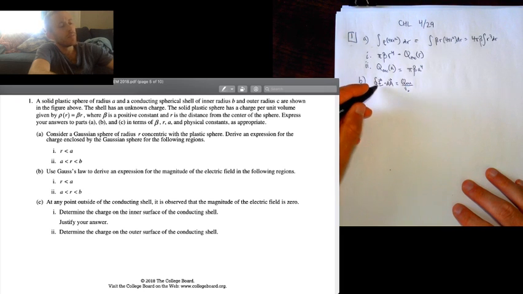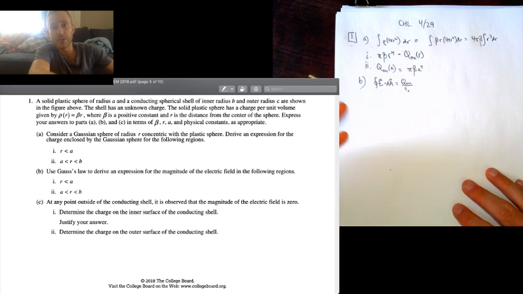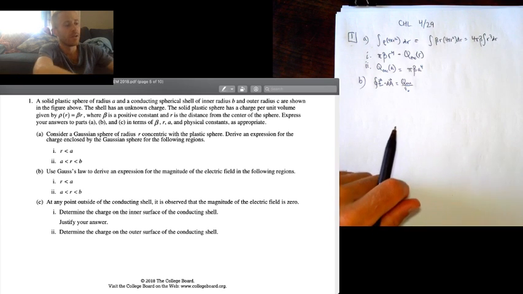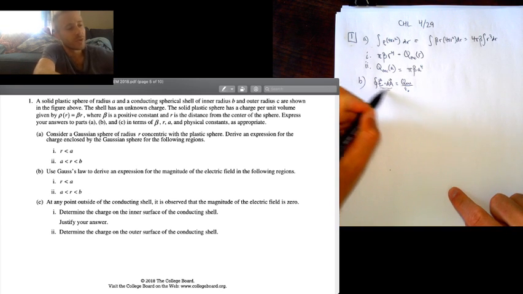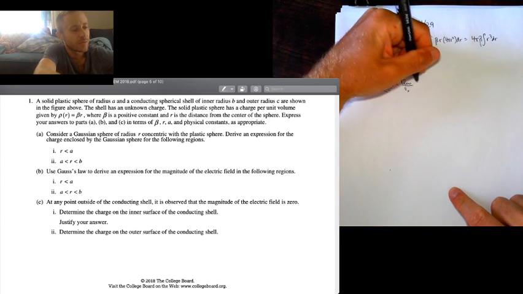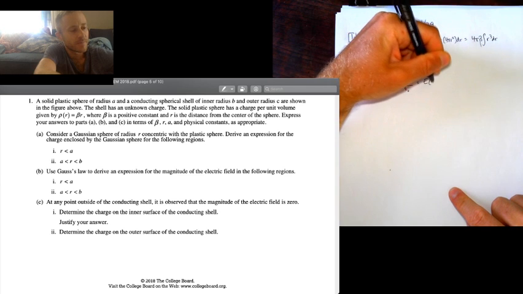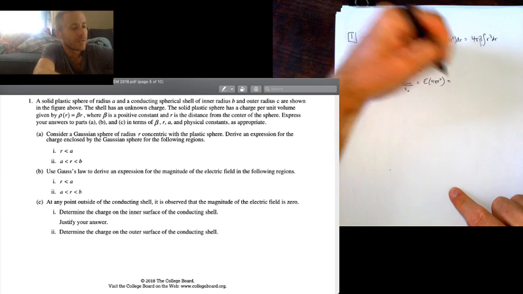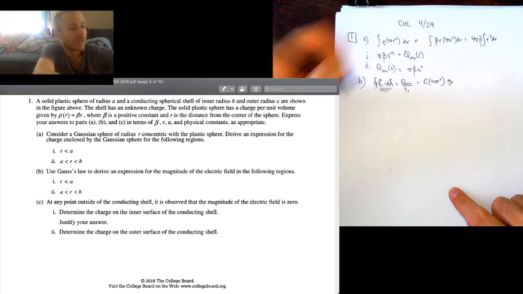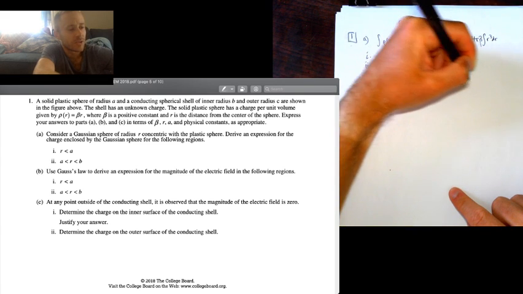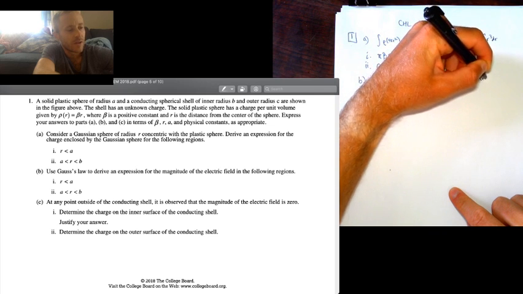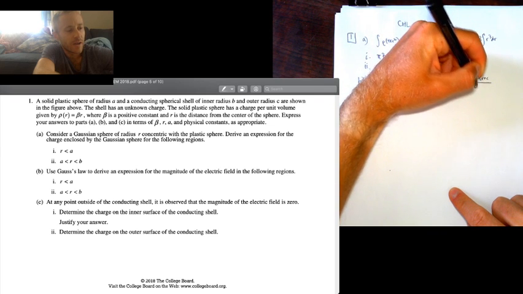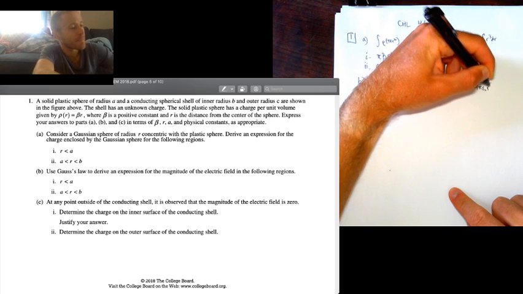And then because it's a spherical Gaussian surface, this is just going to be E times 4 pi r squared. So this is going to tell us that the electric field is charge enclosed over 4 pi epsilon naught r squared.